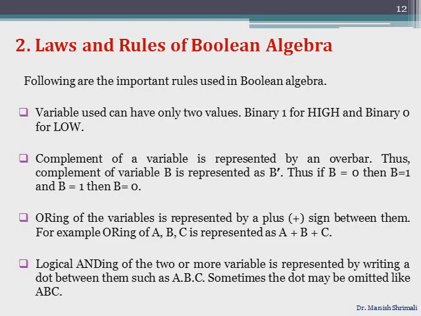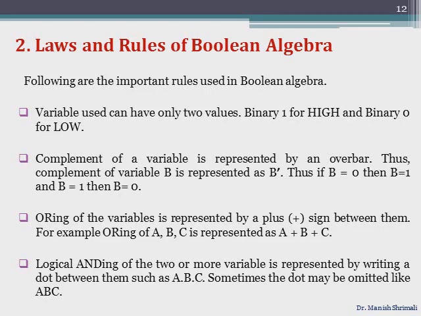Then we have the logical ANDing of two or more variables, which is represented by a dot between the individual variables, or many times this dot may be omitted, like you can see here, where we have written it as a, b, c. This also means that logical ANDing of the variables is taking place.